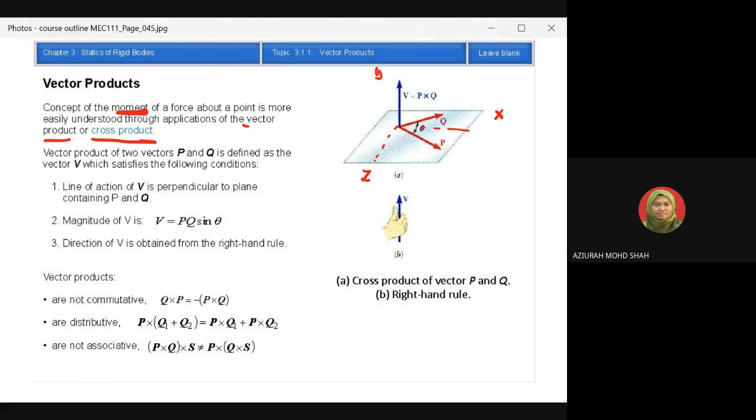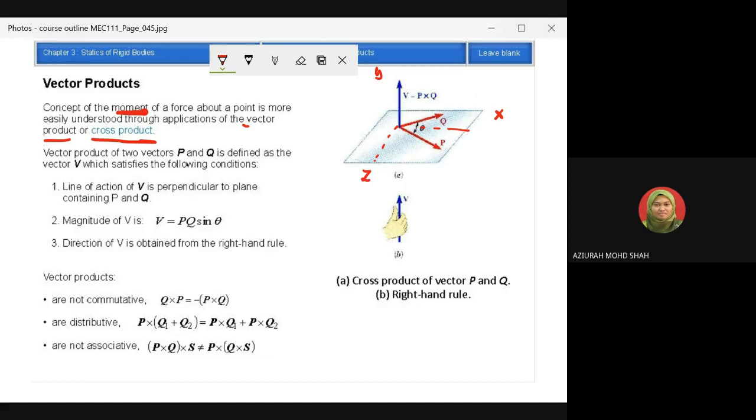Y axis. Okay, contoh. So if we have two vector P and Q, alright, we want to know the moment dia. Moment ya. So we can know by finding the cross product ataupun vector product.